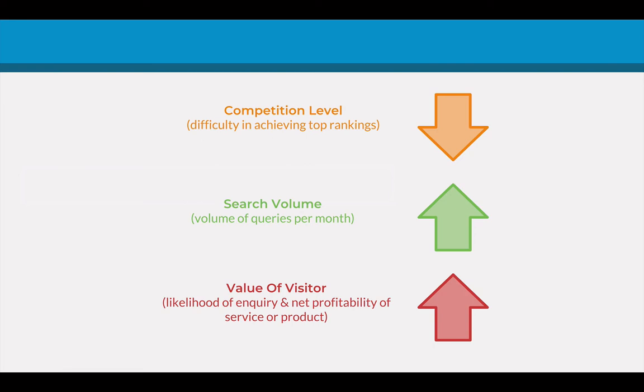Therefore, the value of a visit is a bit lower because you would really have to hope that they've typed in housekeeping and they're really looking for a house cleaning service, because housekeeping may include washing dishes, doing ironing, and therefore you're going to have to talk them or sell them into the service you have rather than it being an ideal phone call or an ideal lead coming through the door. And so that's why you really need to consider the value of that visitor for that search term.